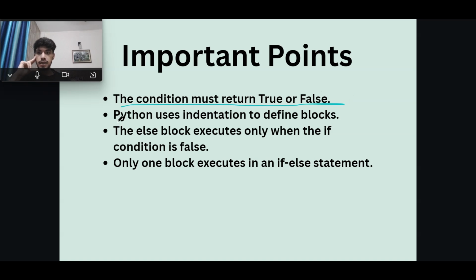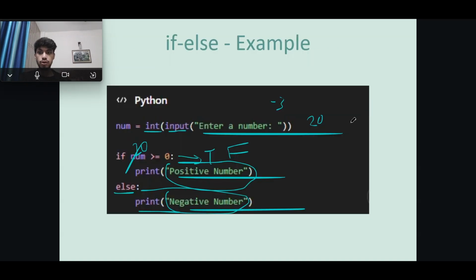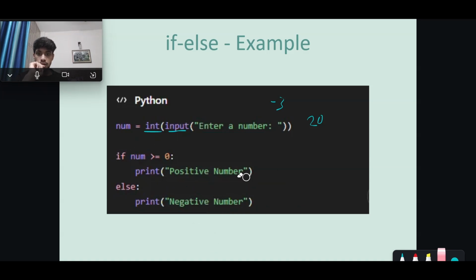The next point is that Python uses indentation to define a block. I have mentioned before that after if and the condition, like here, we are saying, what is indentation? Indentation is the space in code.